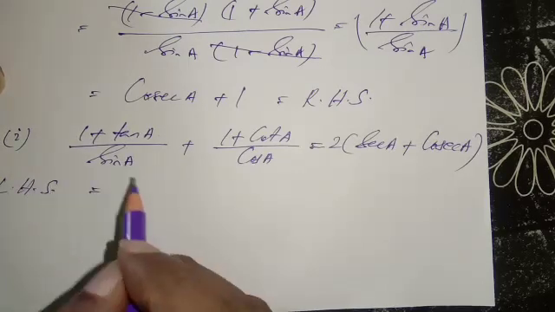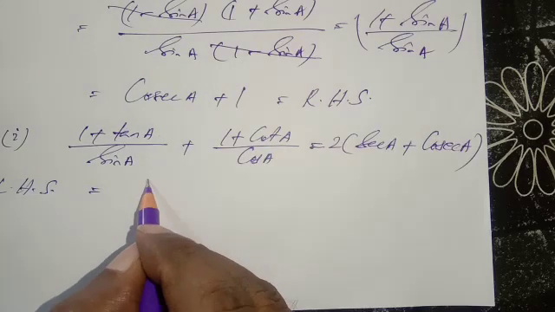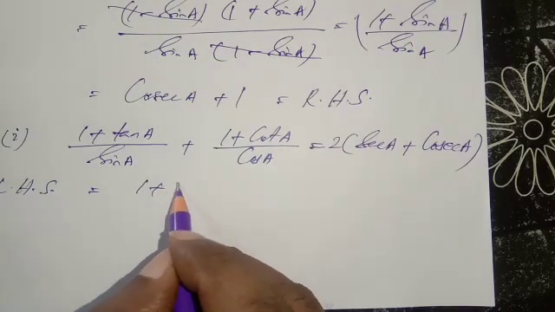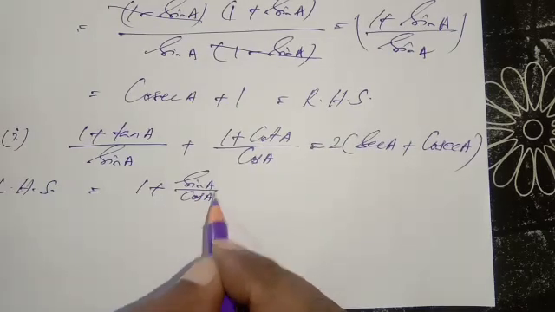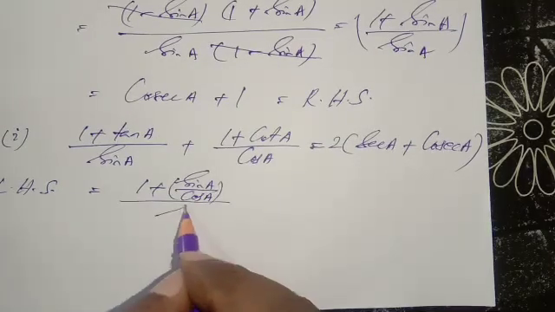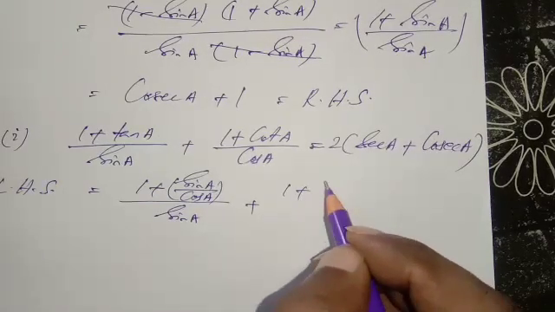What is the left hand side? 1 plus tan A by sin A. Tan means what? Sin A by cos A, divided by sin A. Now plus 1 plus cot A. Cot means what?